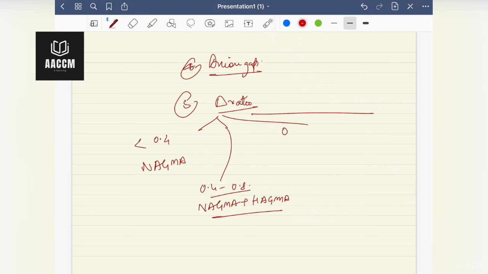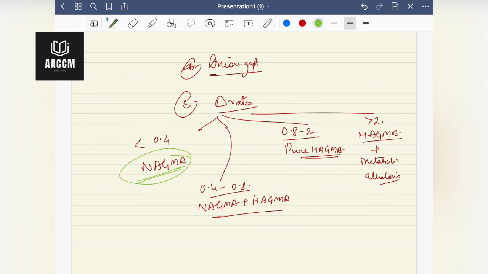If the delta ratio is between 0.8 to 2, it is pure high anion gap metabolic acidosis. And if the ratio is greater than 2, it is high anion gap metabolic acidosis plus metabolic alkalosis. To remember it in a very simple way, there is only one normal anion gap metabolic acidosis, and in the rest there is high anion gap metabolic acidosis.